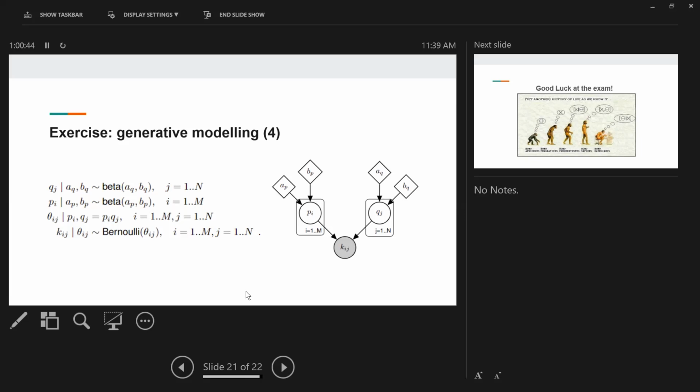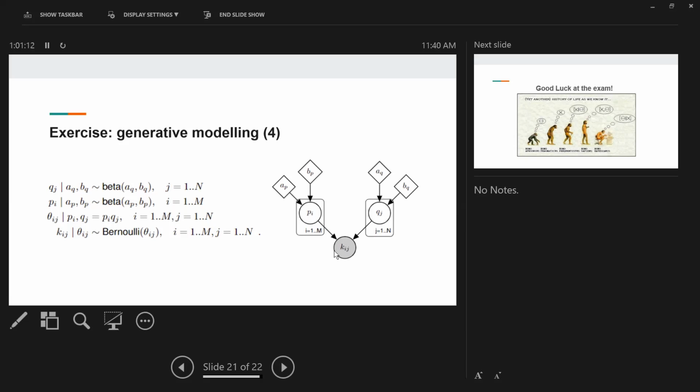And then if we look at the graphical model, we have the P and the Q. Again, this is deterministic, so we don't have to include it, but you can include it, and then you would have theta. Then you have the hyperparameters of P and Q, and the K should be between boxes as well.